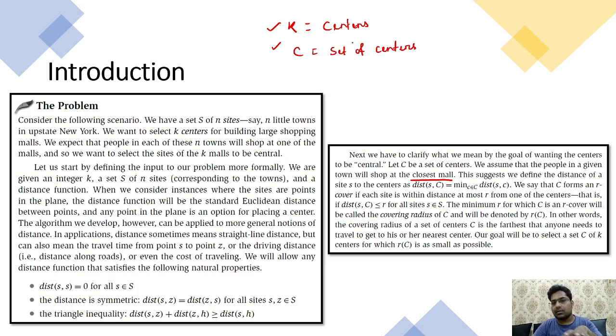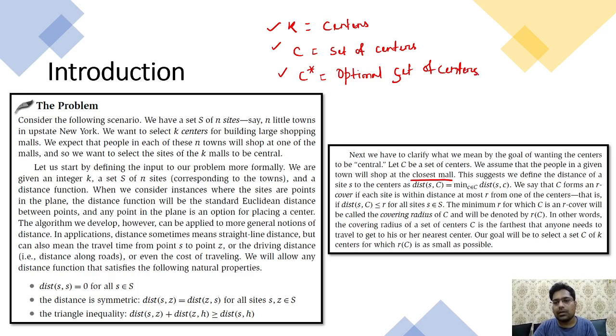K is the number of centers that we decided, just an integer for us. Next, C star, as we have already read in earlier videos, is the optimized centers or optimal set of centers.